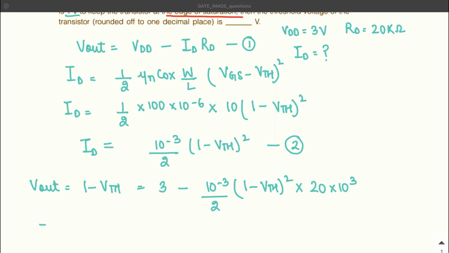After this substitution, we get 1 minus VTH is equal to 3 minus this 10 to the power minus 3, and this gets cancelled with the 2, and this becomes 10.